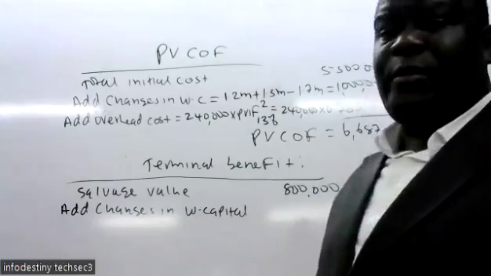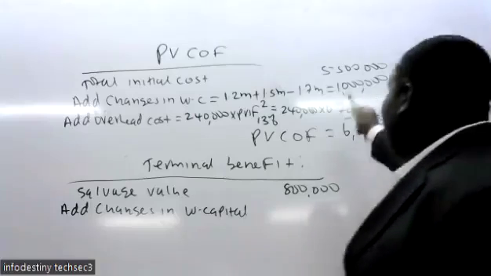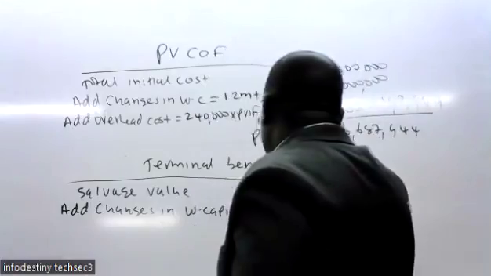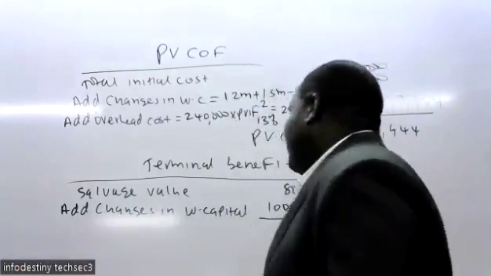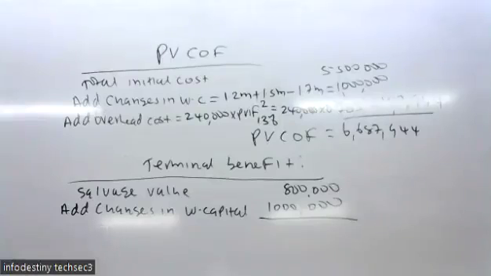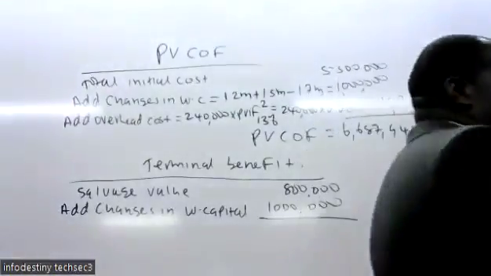At the end of the project life, it is normally recovered as an inflow. So the same figure you have calculated up there, the 1 million, you add there so that you come up with the total terminal benefits.